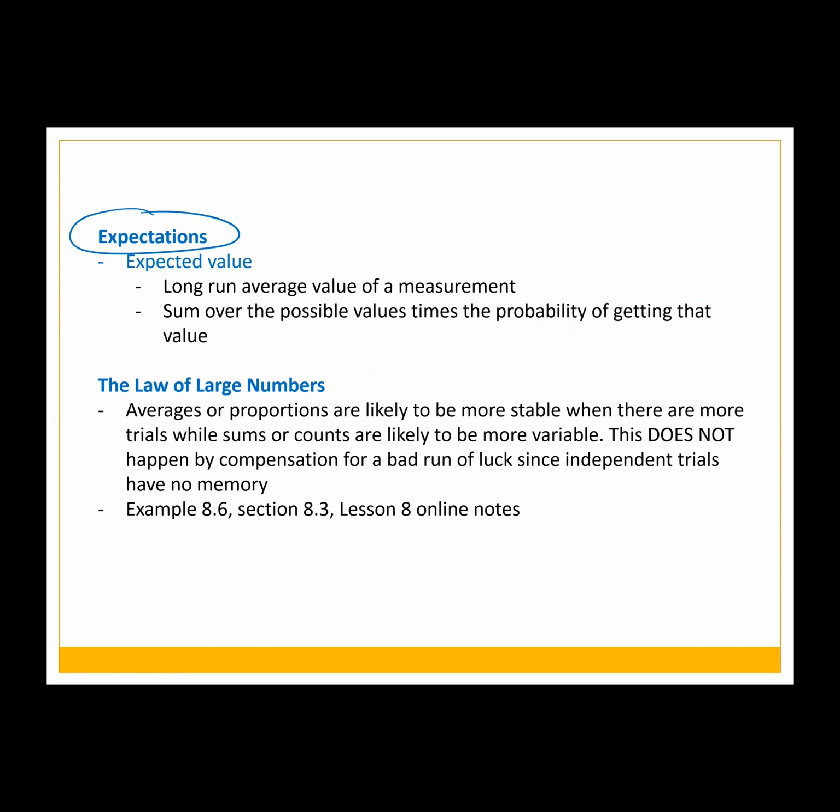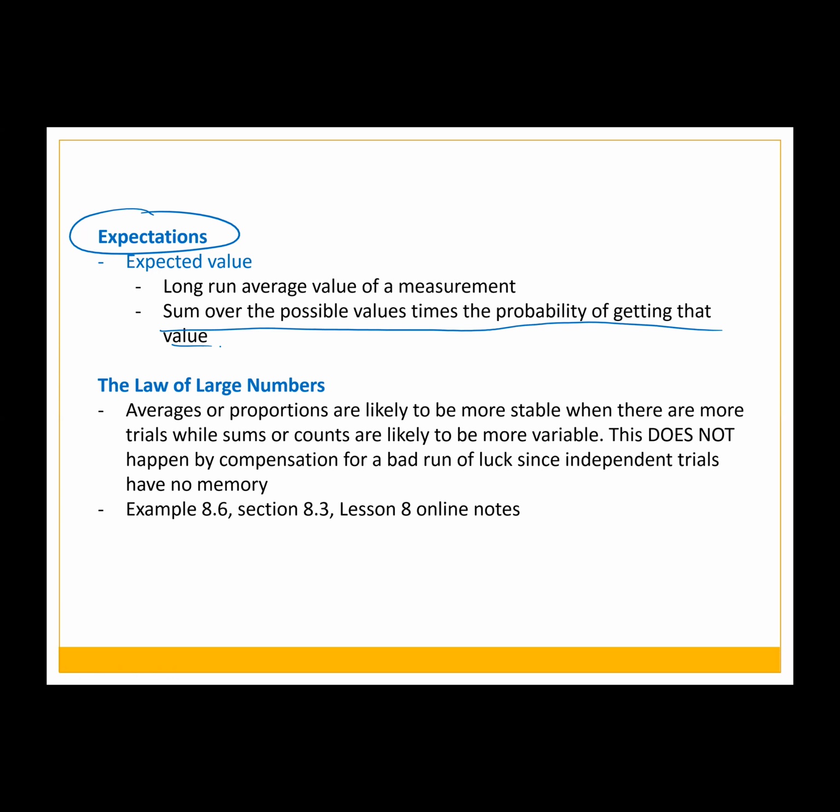Then we have the concept of expectations and expected value. Expected value is basically an average value of a measurement. Given the probability of all these possible outcomes, what is going to be your expected outcome? To find that, we take the sum over the possible values, multiplied by the probability of getting that value.